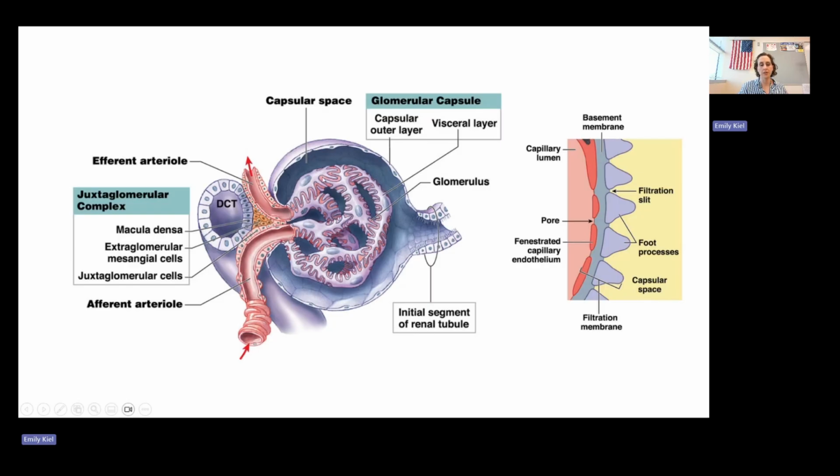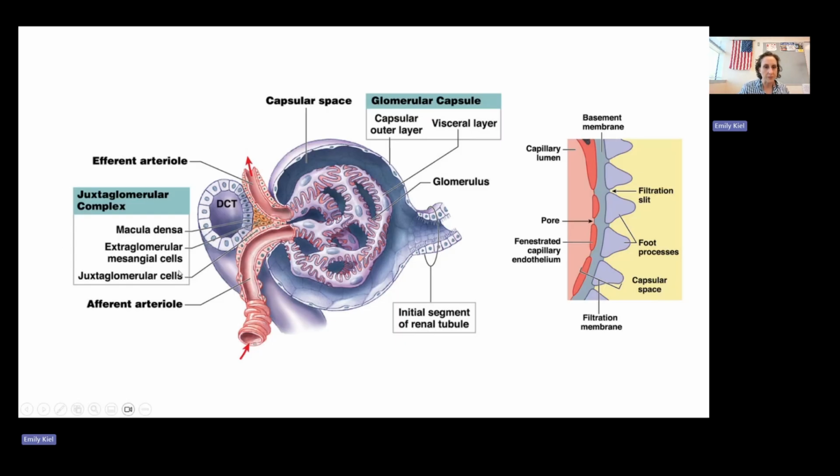Here we're having the filtration occur, and all of that filtrate, which will become tubular fluid, is being released into this capsular space before it will enter the initial segment of the renal tubule. Here is that capsular outer layer, and then there is a visceral layer, and that capsular visceral layer is part of these foot processes and slits that things can pass through.